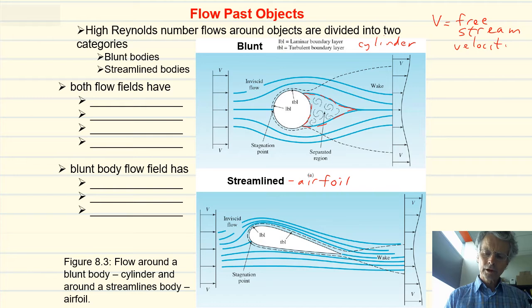It's the velocity that occurs if you're a little bit away from the cylinder in the region of the flow that's not affected by the cylinder. Okay, so as long as you're outside this dashed region here, that includes the wake on the downstream side and the boundary layer on the upstream side.